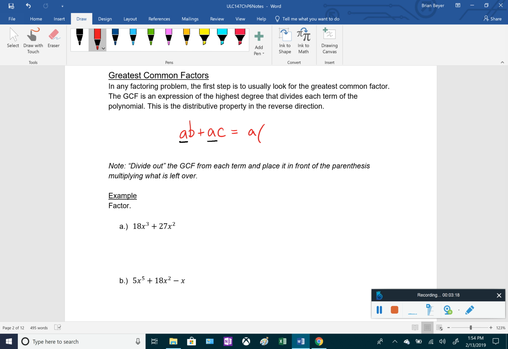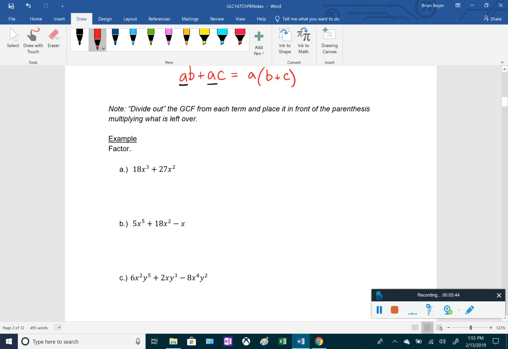When we're factoring something out front, we're technically dividing it out front because it's the opposite of distributing. Distributing is multiplying, so factoring out front is going to be dividing. We're going to be left with B plus C after we divide both of those terms by A. Then you can always check by distributing the A back in, to make sure you get what you started with.